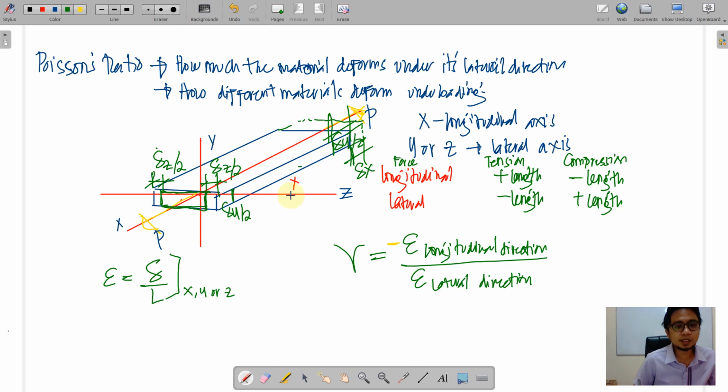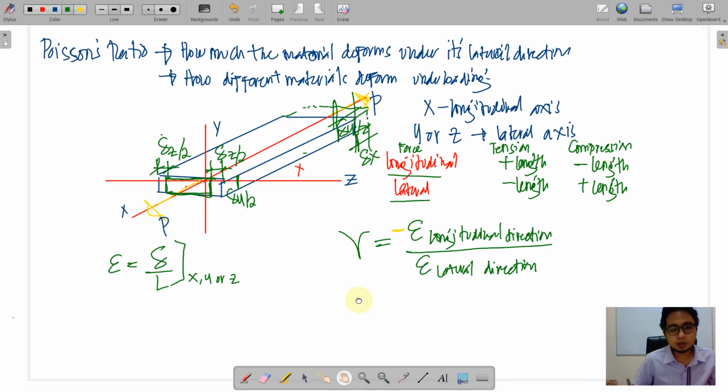So the Z axis is the longitudinal axis, and the lateral axis yung Y tsaka X. So, and so on and so forth. So it is very important to note that wherever the location of the applied axial load is, that will be designated as the longitudinal direction. So that we can apply this Poisson's ratio. Okay?